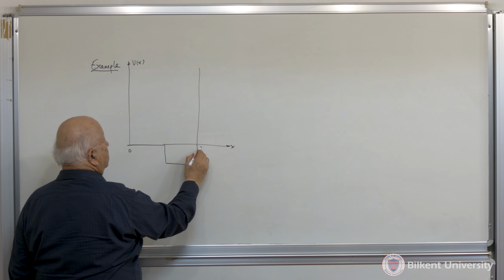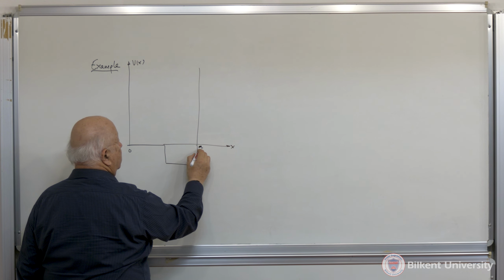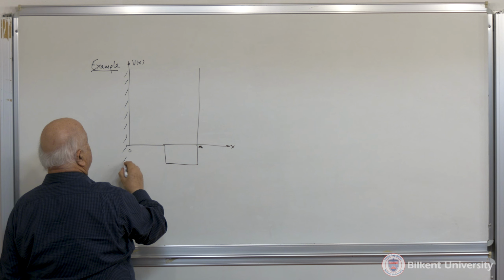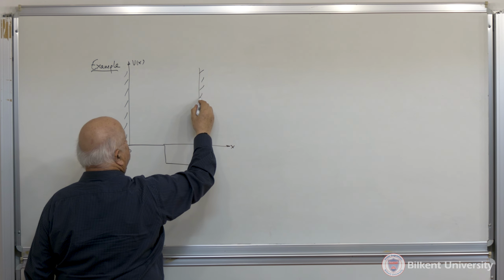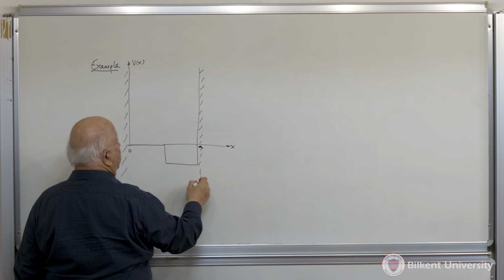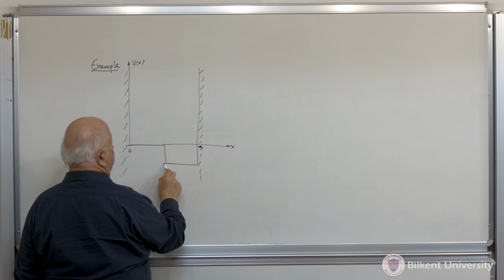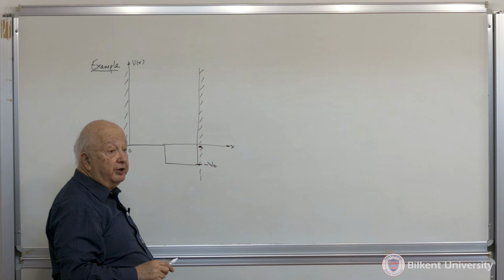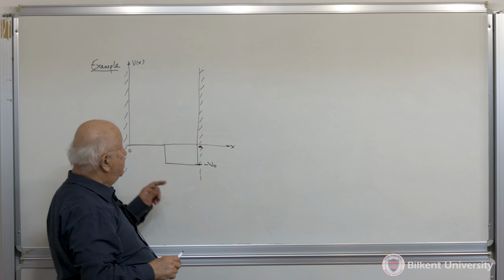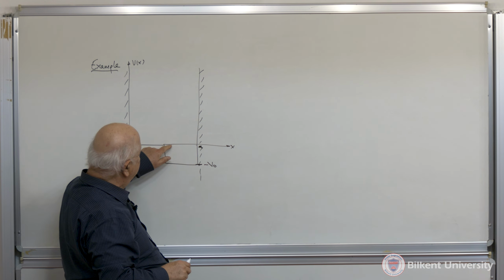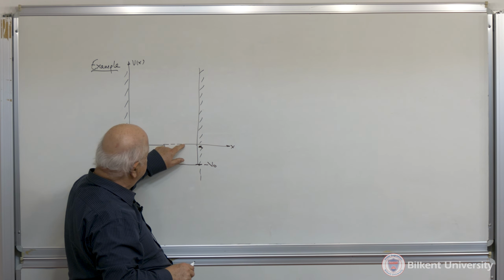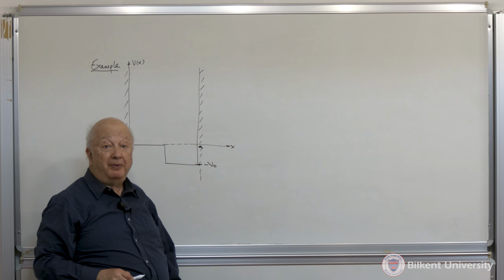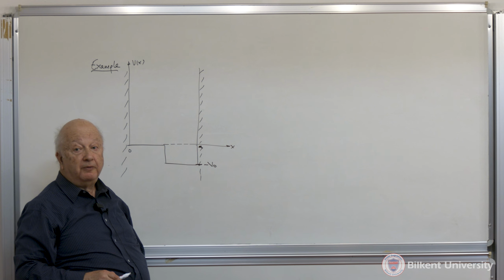This is 0. This is point a. And I have infinite potential over here on the left-hand side, infinite potential on the right-hand side. But there is a certain minus V0 potential over here. I have just put a dent into my potential, so half of the box is at minus V0.